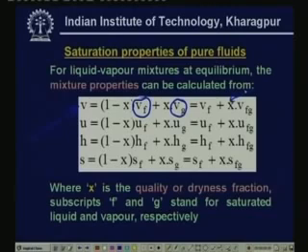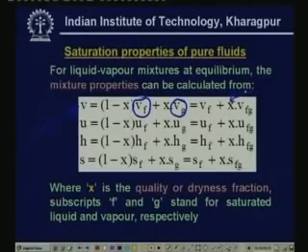I am sure that you have used these relations while performing calculations in basic thermodynamics. Similarly, you can express the specific internal energy u of a two phase mixture in terms of the dryness fraction x and the saturated liquid internal energy and saturated vapor internal energy.